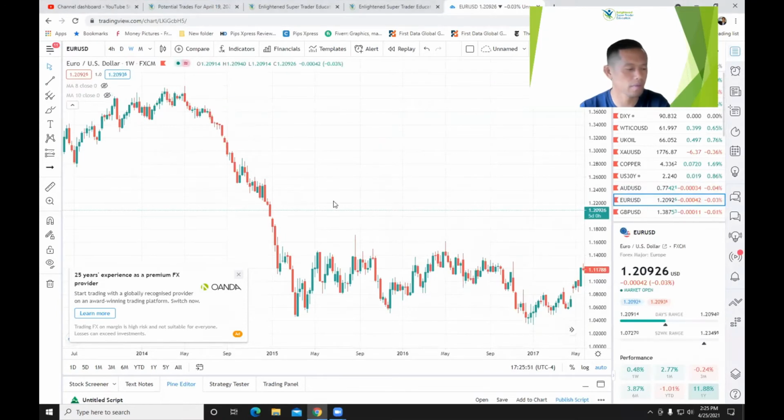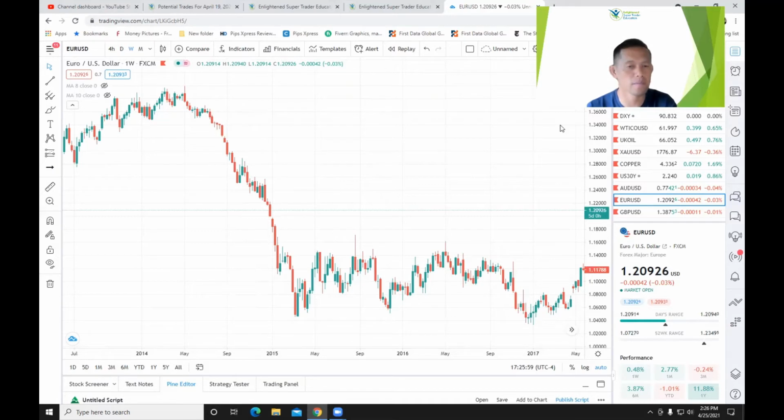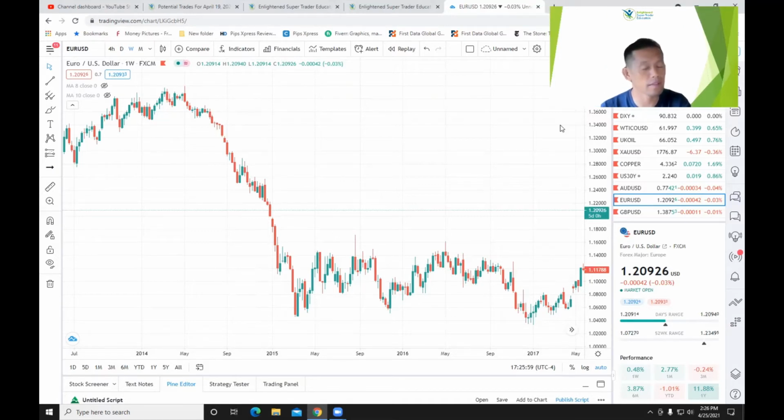Let me go through here in terms of the euro against the US dollar. Well, to draw things objectively, which I learned, by the way, after being on the trading floor, and finally I realized that makes sense.